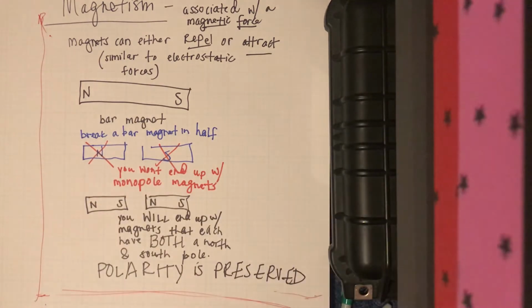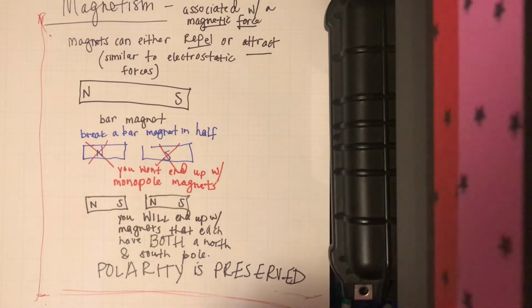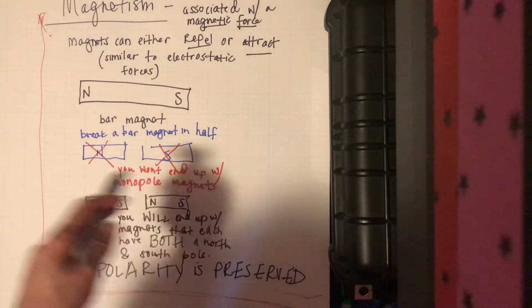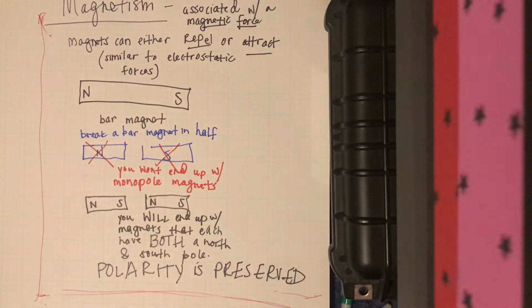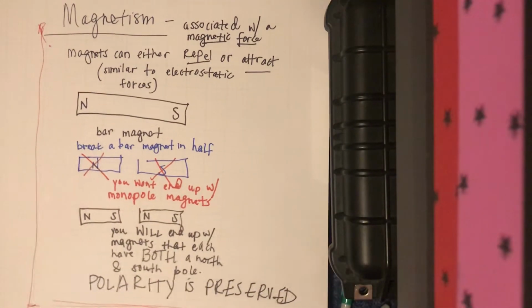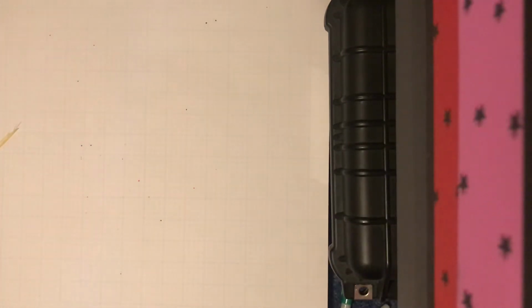It doesn't exist. Okay. So I want to talk about what is the cause then of this polarity. And the cause of polarity is something called electron spin.